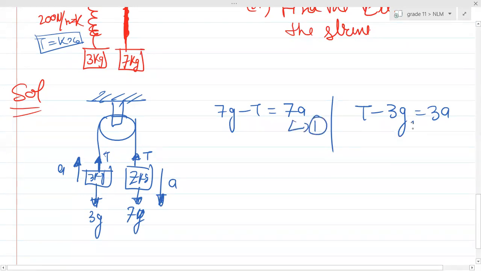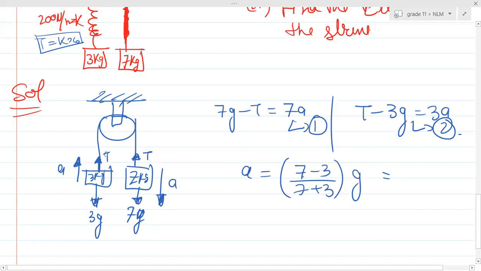This is your first equation. This is your second equation. When you solve that, you get acceleration. You remember acceleration is (7 minus 3) upon (7 plus 3) into g, which is basically 4 meter per second square. And I have given over here, take g as 10 meter per second square.